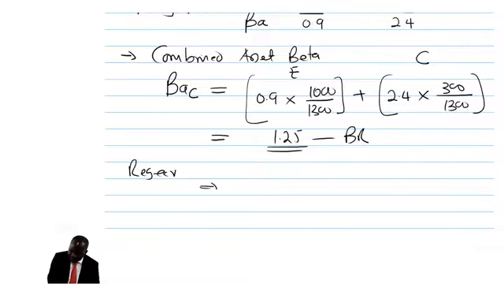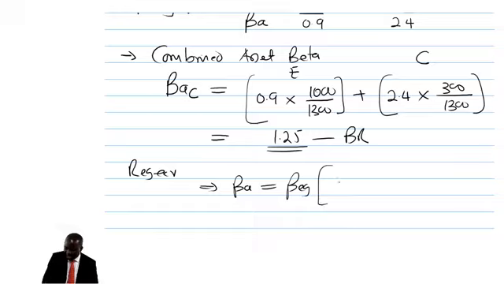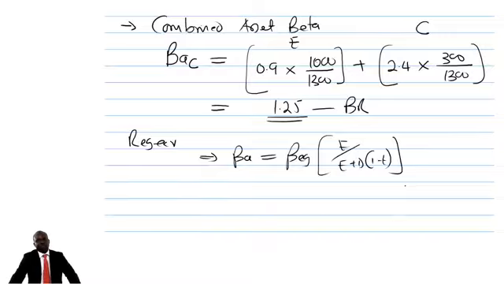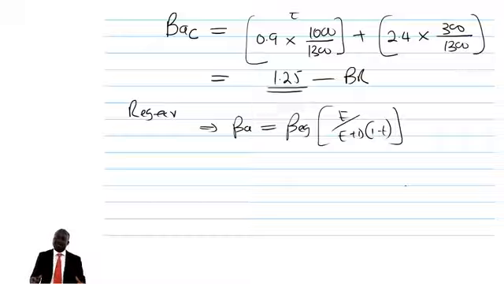And to re-gear, we said the asset beta is equal to the equity beta geared, equity over equity plus debt times 1 minus T, on the assumption that debt is risk-free. When we did cost of capital, I made mention that if the examiner doesn't give you the debt beta, you assume that the debt beta is equal to 0. That's it.